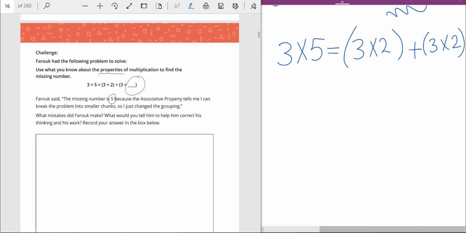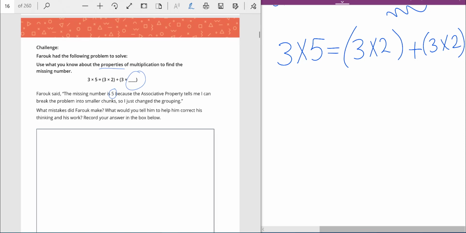Surely not, because he completes his speech: the associative property tells me I can break the problem into smaller chunks. Okay, as we studied before, associative property is multiplying 3 factors and changing the order of the 3 factors does not change the product.